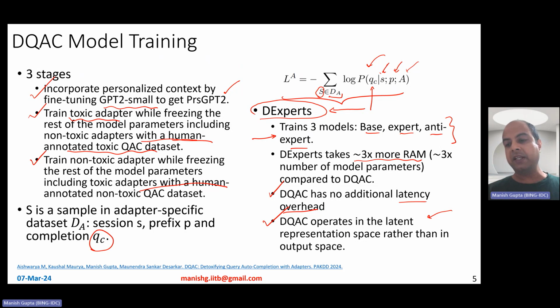While we do these combinations in the adapter layers in every transformer layer, thereby improving the effects of toxicity and non-toxicity appropriately in the entire model reasoning rather than only post hoc or ad hoc at the end.